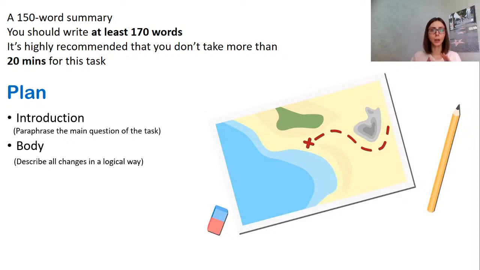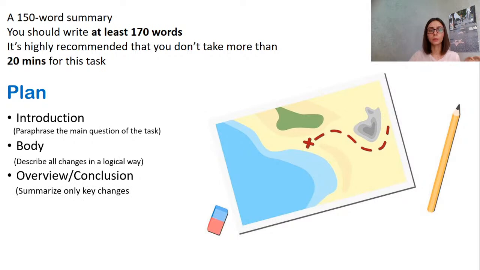Don't forget, you have to describe everything that happened to the place. It can be just one paragraph, so you don't have to divide it into different paragraphs. So introduction, the first paragraph, then body, all changes, and then the overview, or I would rather call it the conclusion.